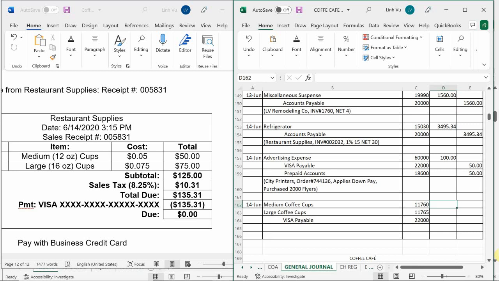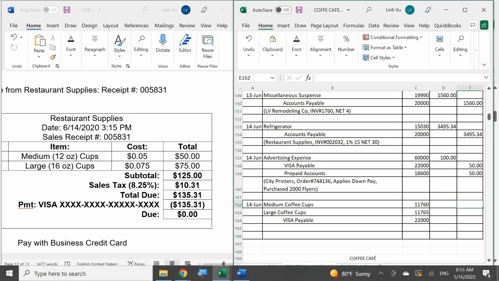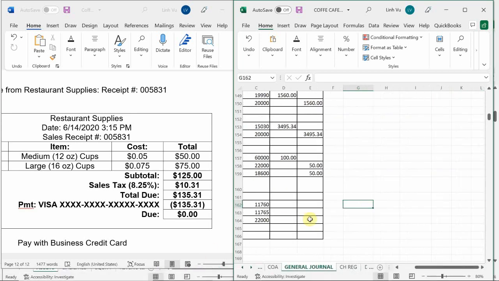We got them for $50, right? And then our large coffee cups, we got them for $75, right? What do I do with the tax? We calculate each purchase and see how much tax goes with it.